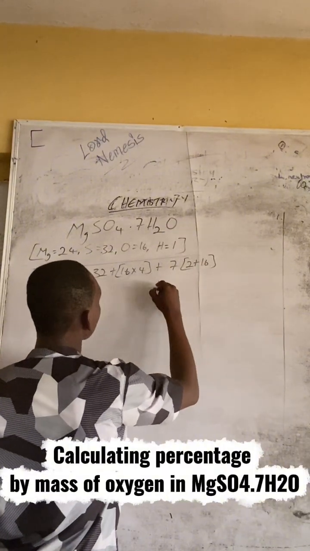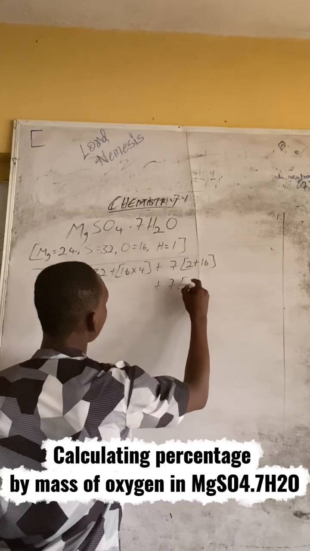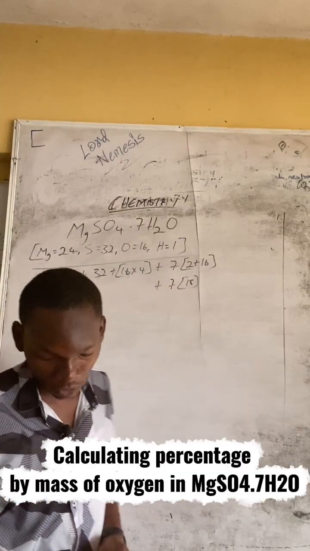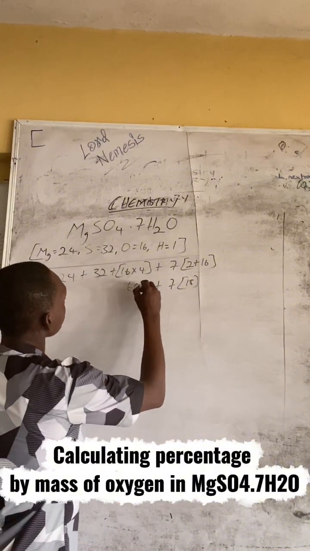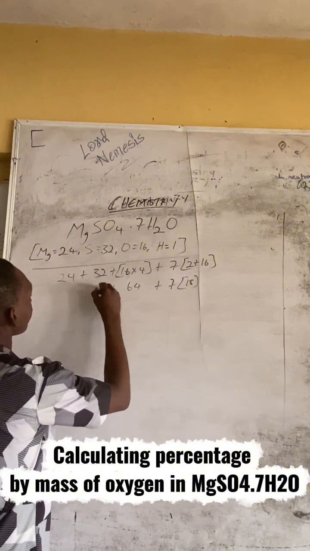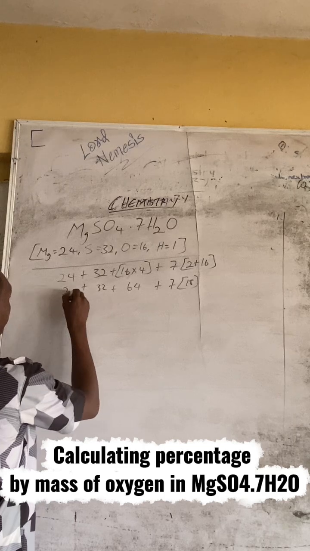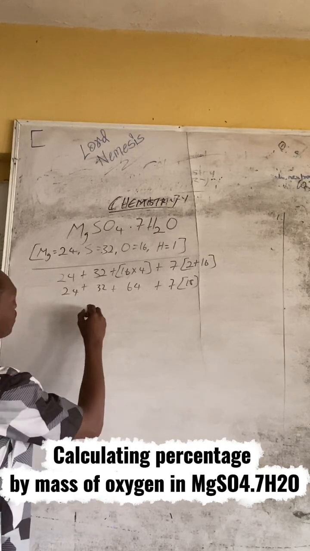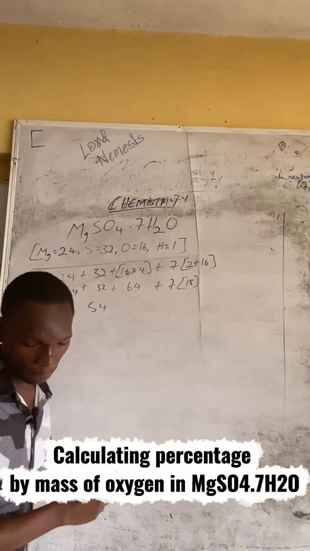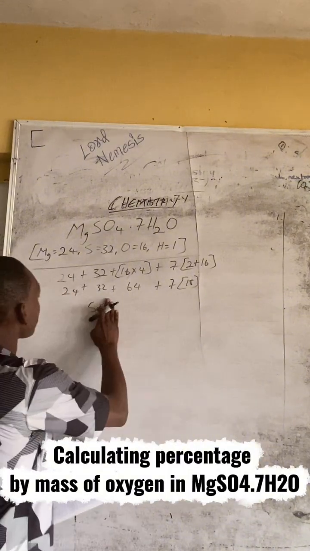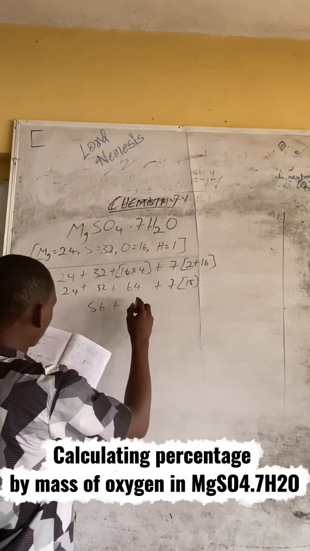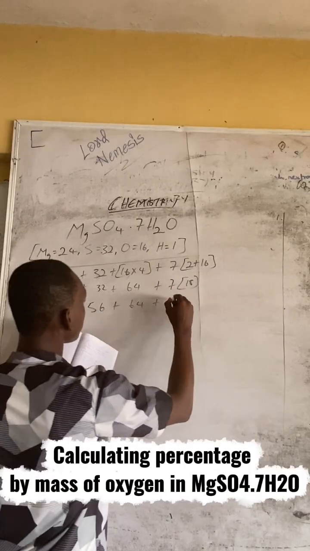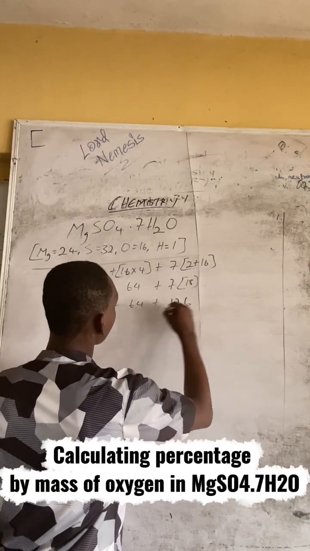If we do that, this gives us 18 here, and 16 times 4 gives us 64, and 32 plus 24 gives us 56. So we have 56 plus 64 plus 7 times 18, that's 126.